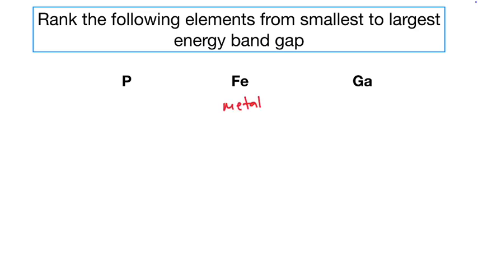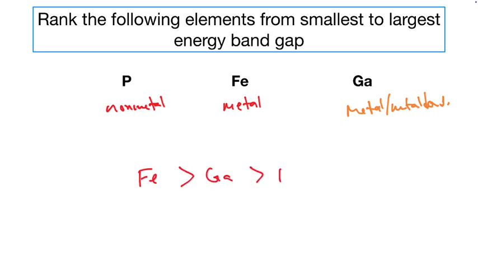So iron is a metal. Phosphorus is a non-metal. Gallium is a metalloid. It's sitting right on that line. So iron is going to have the largest band gap, followed by gallium, followed by phosphorus.